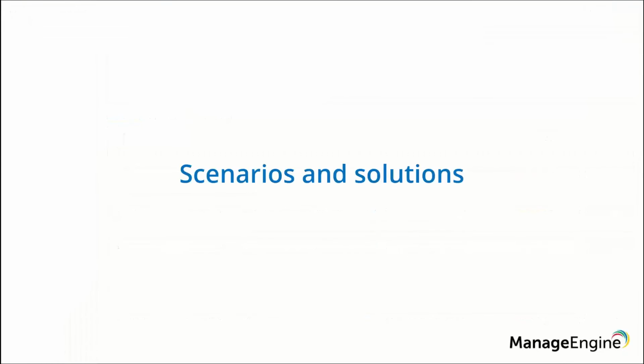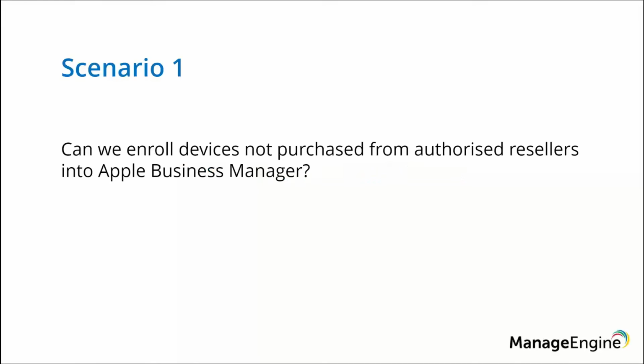So we have come to the final section of the session, which is discussion of use cases and the corresponding solutions. So the first use case is, are we able to enroll the devices into Apple Business Manager if they are not purchased from an authorized reseller?